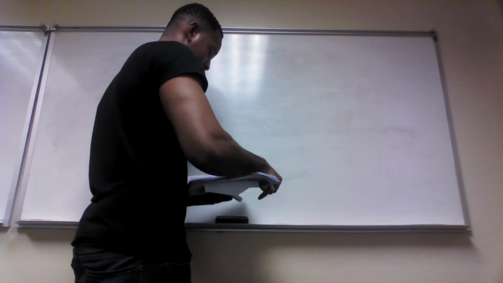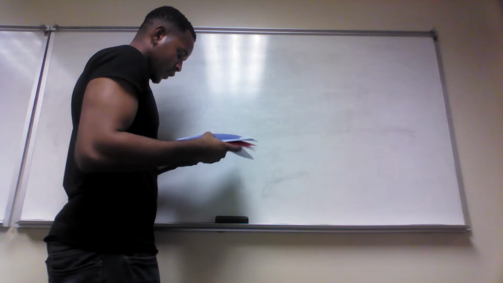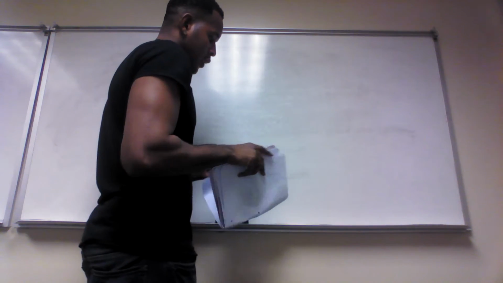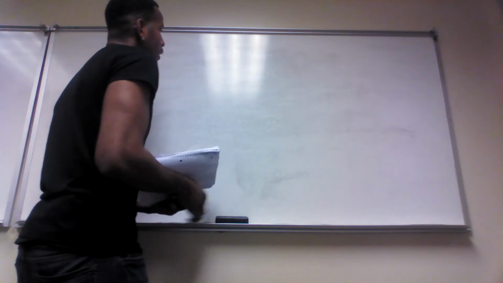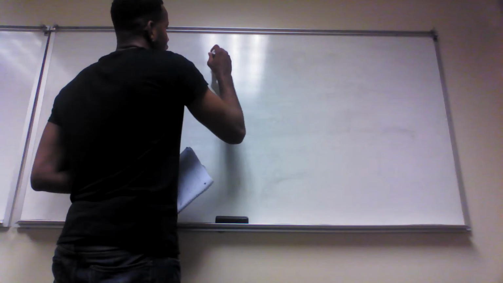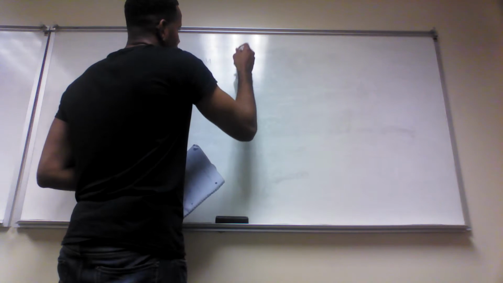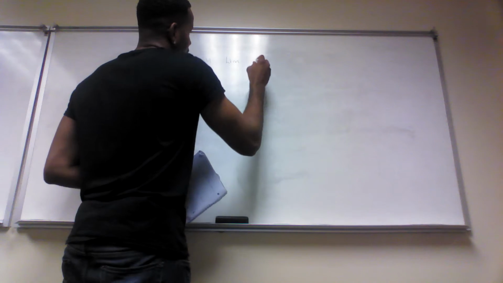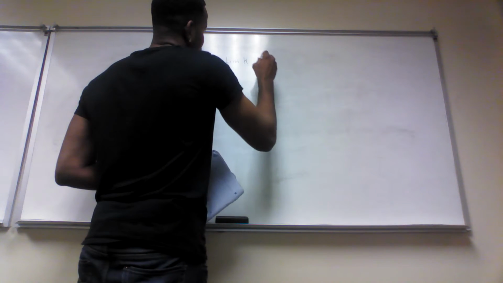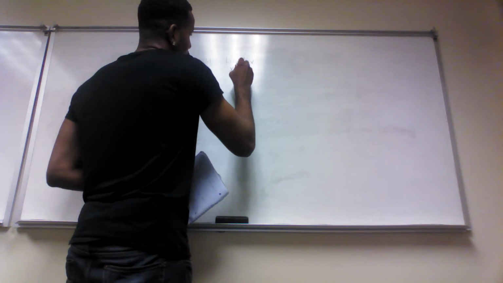Our fourth rule is going to be the constant multiple rule. The constant multiple rule is basically, you have a limit with a constant times x as x approaches c.